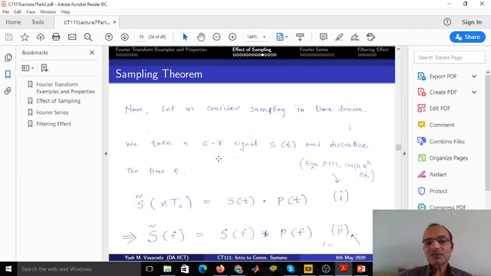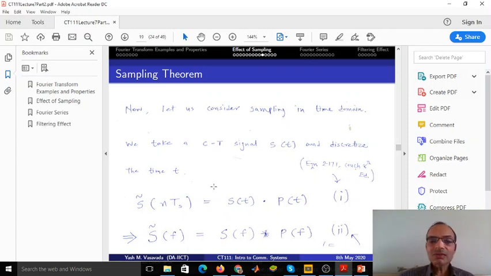We have some continuous time signal that we are now going to call s of t, and we are going to discretize the time. The way we are going to discretize the time is by invoking the sifting property of Dirac delta. Remember, the sifting property says that the Dirac delta function can be used to sample a signal.